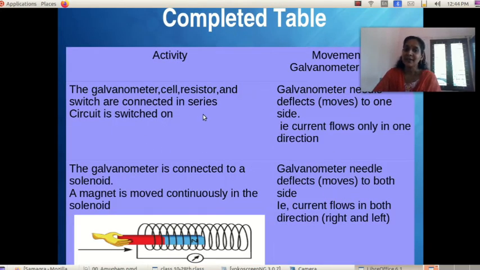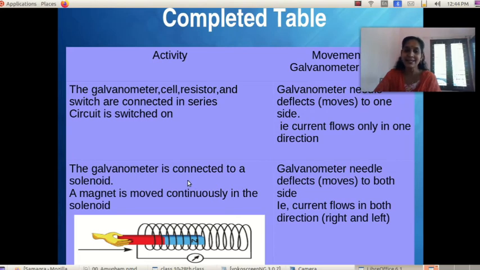From the circuit of galvanometer, cell and resistor connected in series, we get current that flows only in one direction, because the galvanometer needle deflects only to one side.